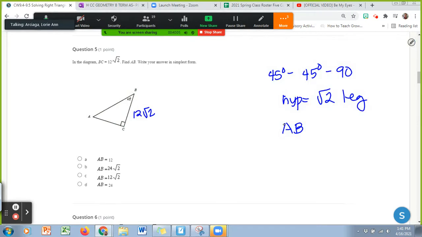So AB is equal to radical 2 times the leg. But what is the leg? It's 12 radical 2. Can you take it from there? The answer is pretty obvious right there. Can you take it from there? What's your answer to number 5? 24.